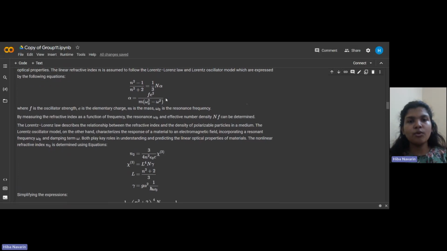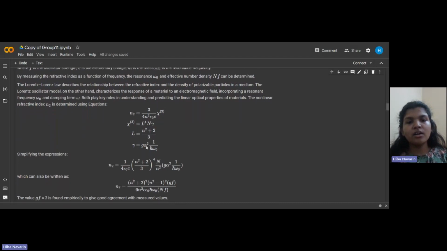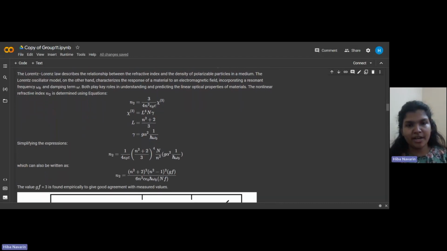So we have omega here as the damping term, and these are the equations we have come to using the Lorentz law and the Lorentz oscillator model. On simplifying these expressions, we have some common terms. On substituting them, we will arrive at this expression for n2.